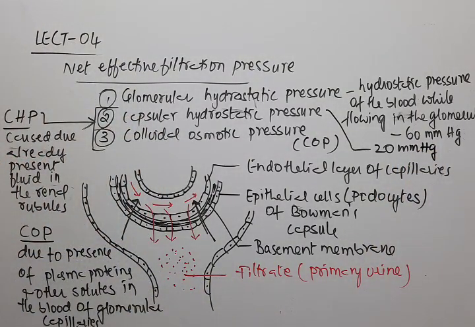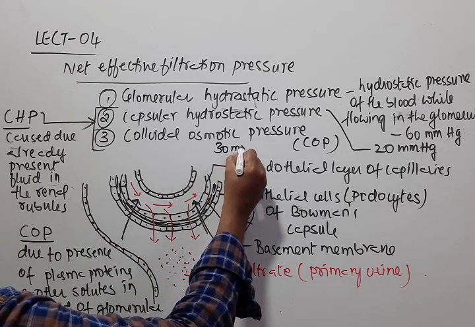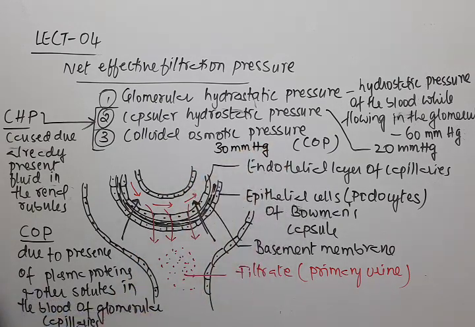And coming to the colloidal osmotic pressure, it is about 30 mmHg.